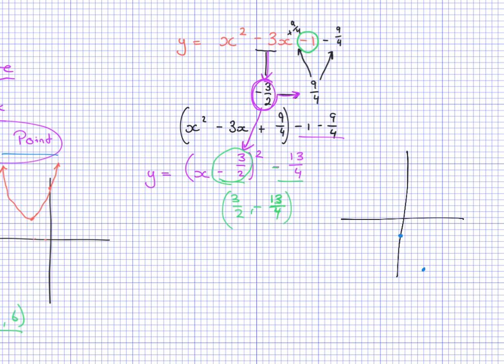I can see then that there are going to be two x-intercepts here. I'll show you in another lesson how to find those two x-intercepts, because if you tried to find factors of minus 1 that added to make minus 3, you'd be doing it for a very long time. So just find the turning point and the y-intercept, and draw your nice smooth curve going through the points you know. We'll work out how to find those in another lesson.